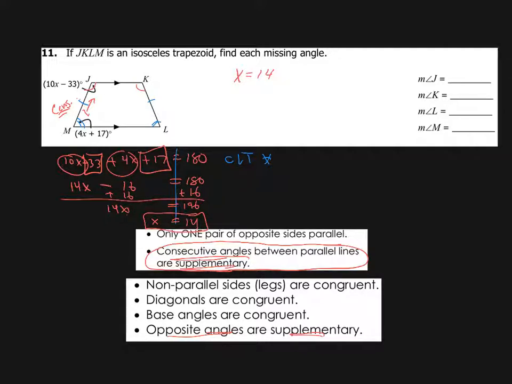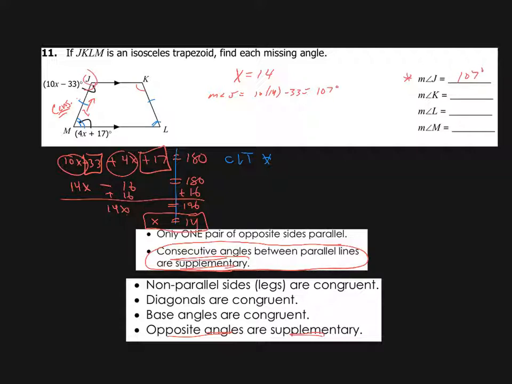Now that we got that x is 14, we can get the measure of angle J. Right? The measure of angle J is equal to 10 times 14 minus 33, which is 107 degrees. So 107.